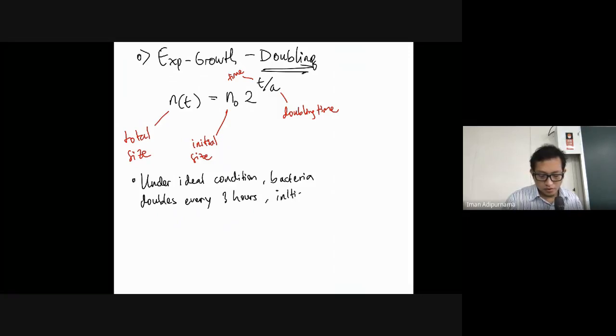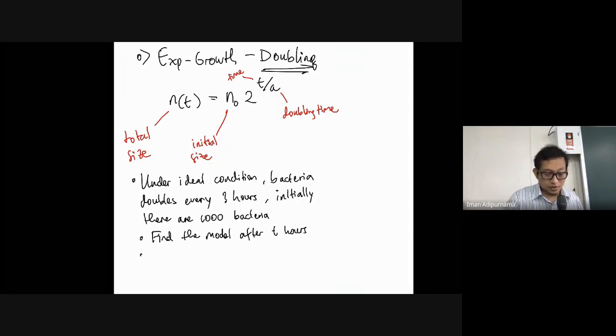Initially, there are 1,000 bacteria. Find the model after t hours. So it's general model for this bacteria.